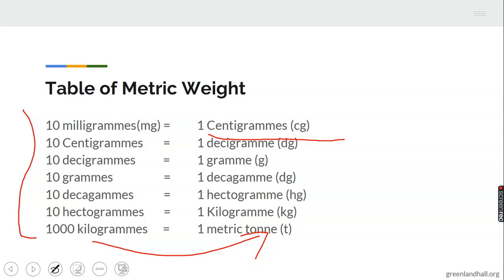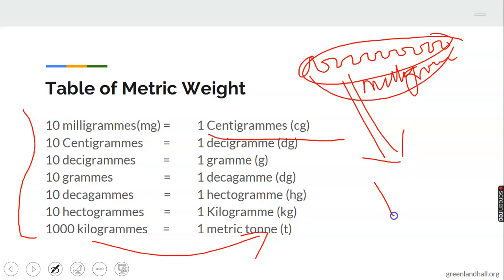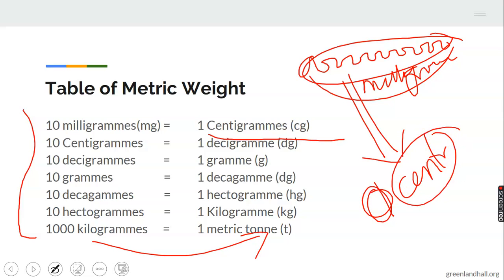It is telling me that 1, 2, 3, 4, 5, 6, 7, 8, 9, 10 milligrams, all of these put together, are equal to 1 centigram. So inside 1 centigram, I have 10 milligrams. That makes a centigram bigger than a milligram. It weighs more than this one.